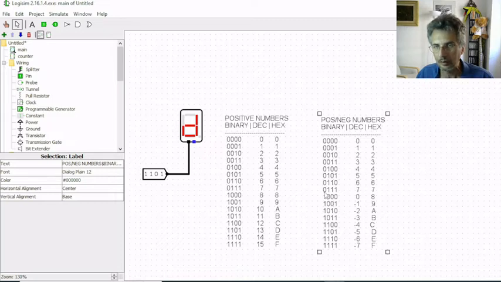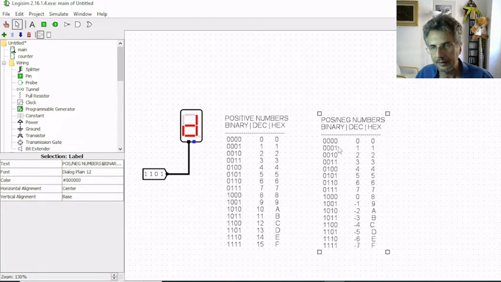These first 8 numbers, from 0000 to 0111, all begin with 0, so these are all positive numbers, and these 8 are negatives because they all begin with 1. We have 16 possible combinations of 4 bits, because 2 raised to the power 4 makes 16, as always.